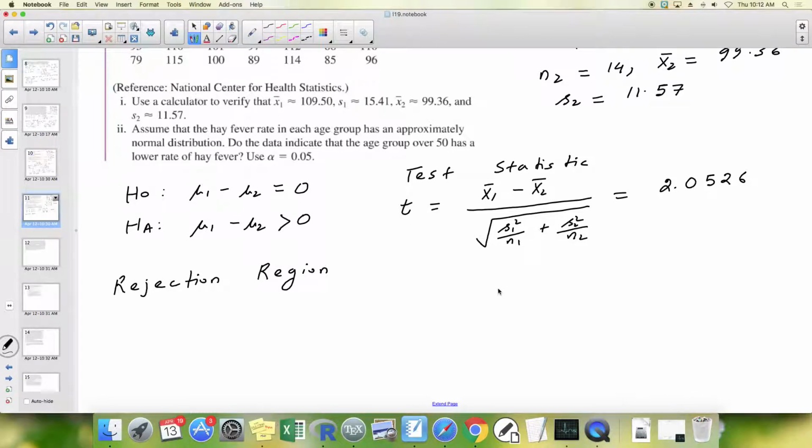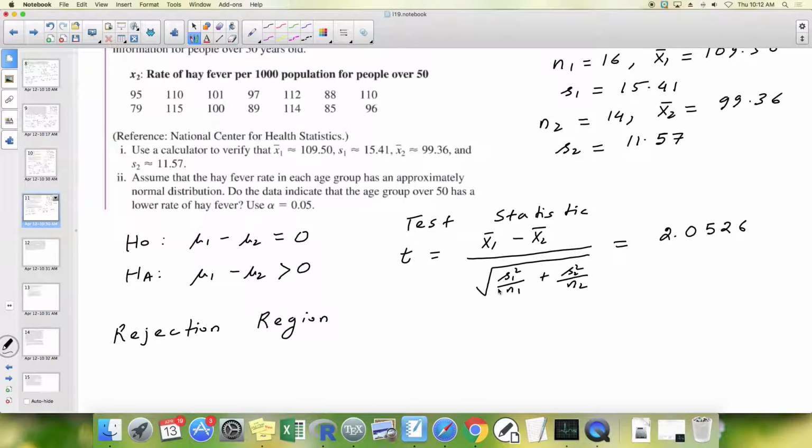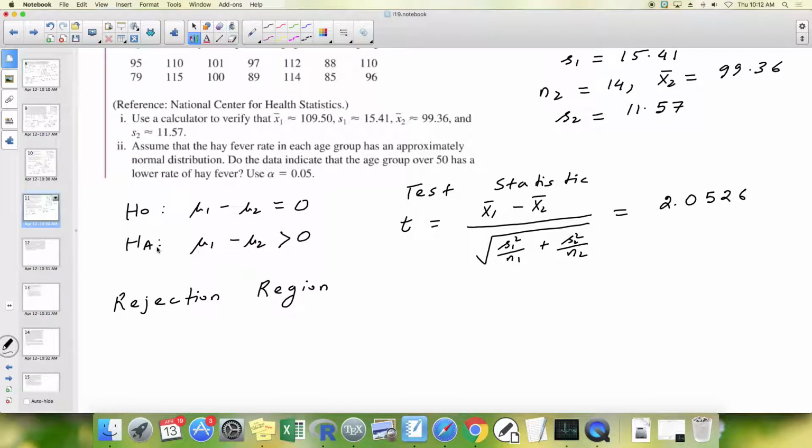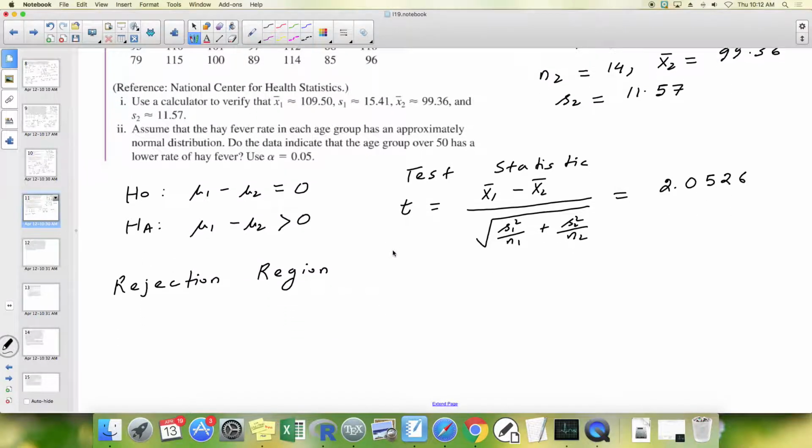So it's a right-tailed test. That means there will be some TC. So this shall be the rejection region, and how fat is the tail?